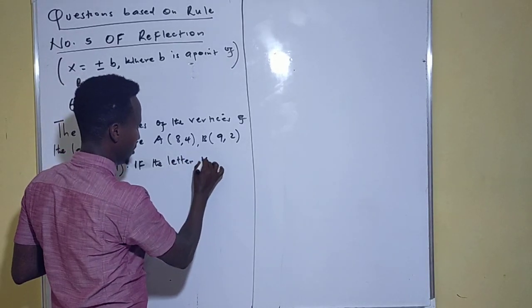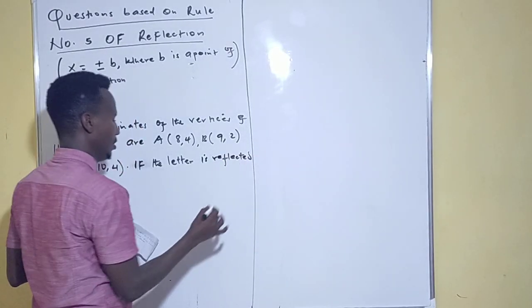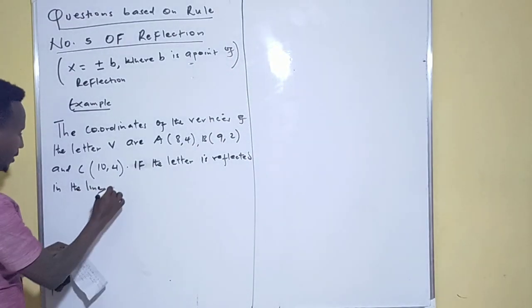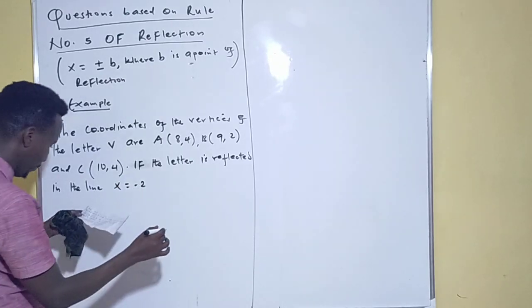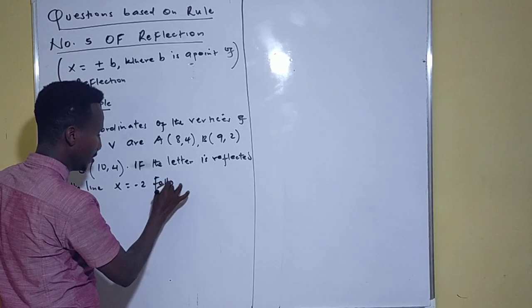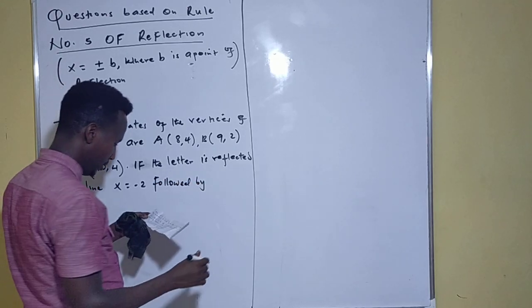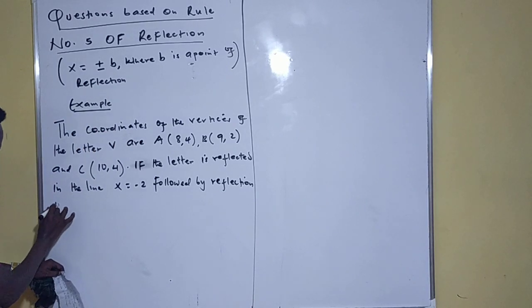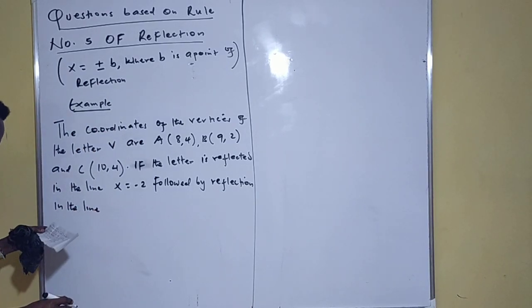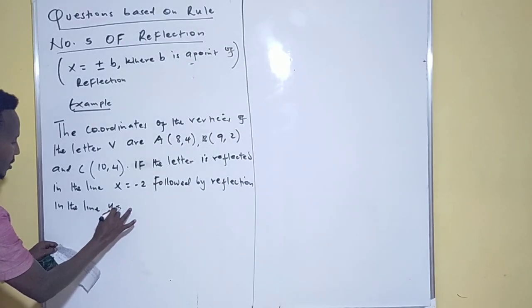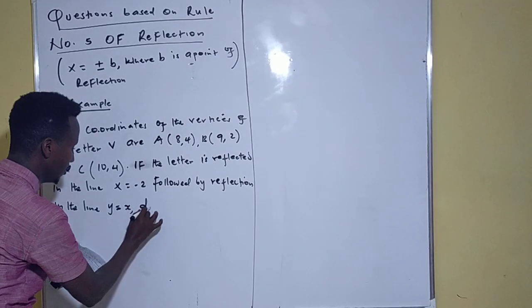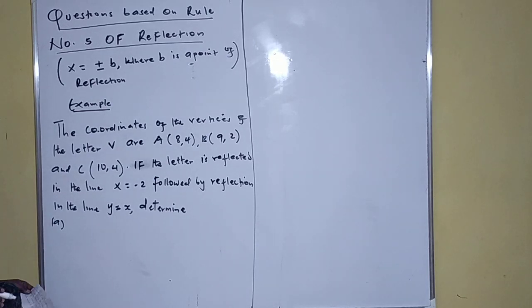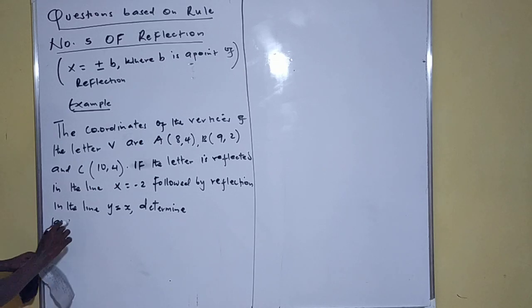is reflected in the line x is equal to minus 2, followed by a reflection in the line y is equal to x, determine question A, the coordinates of the first image.